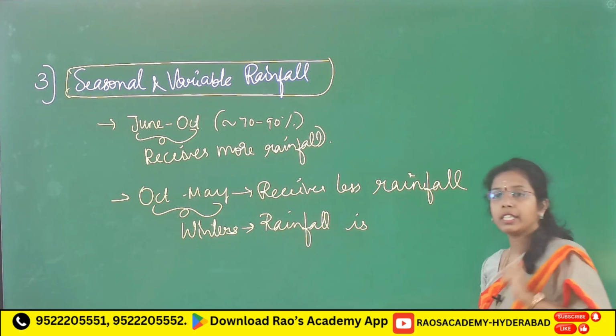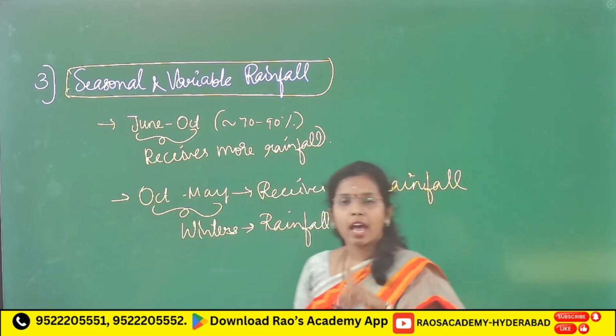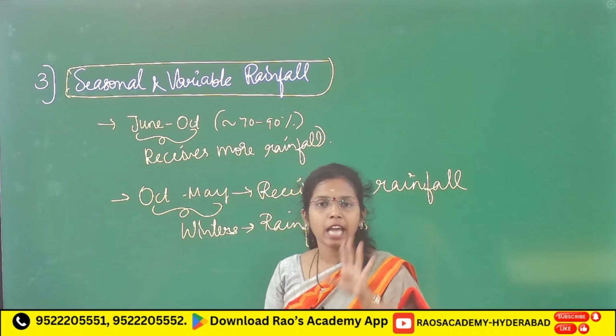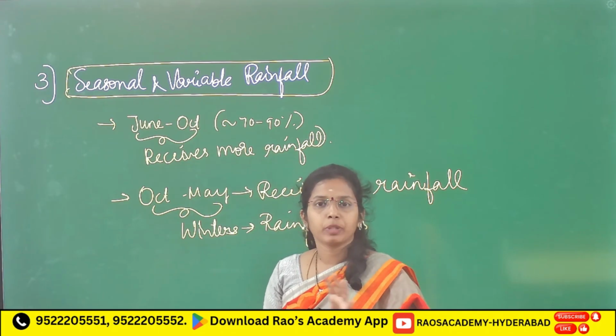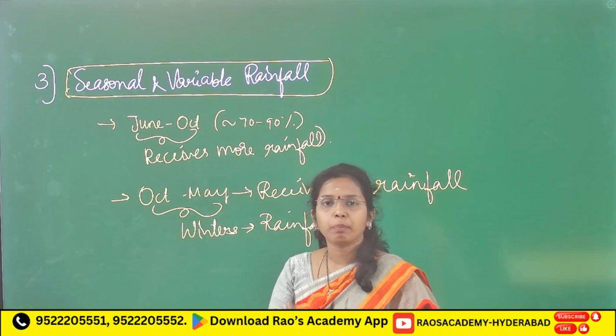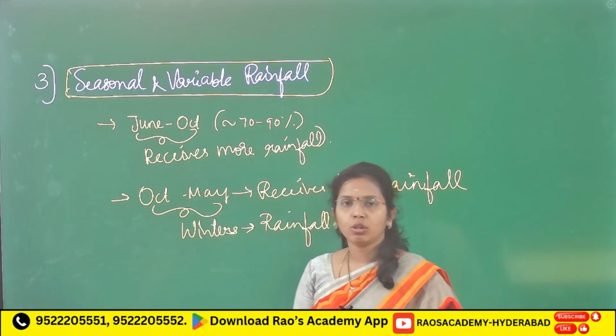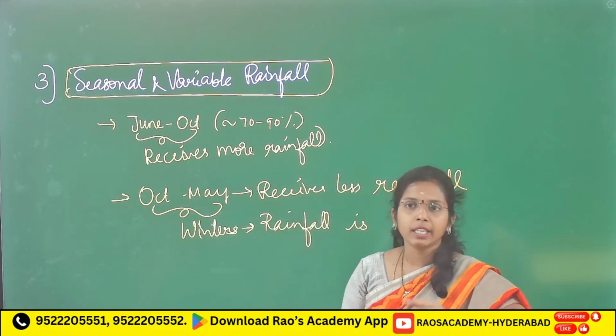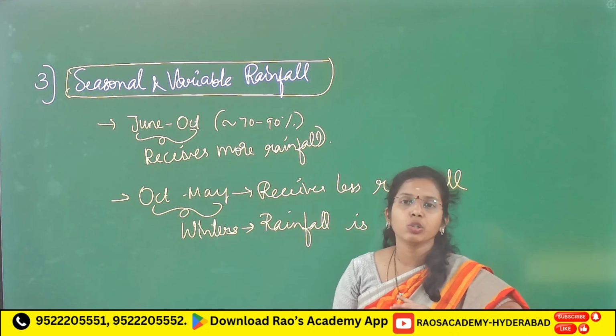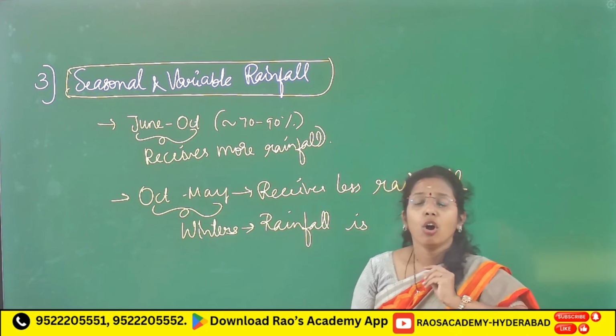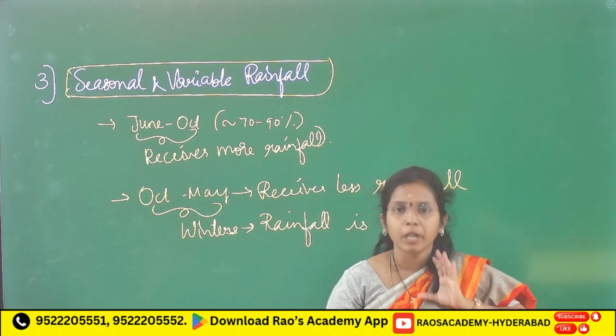Very important, this interlinking, because they are not asking any direct questions, they are interlinking Indian climate with agriculture. So basic points you have to know. You have to know interlinking in UPSC. Without interlinking you cannot write any answer or attempt any question in prelims also.